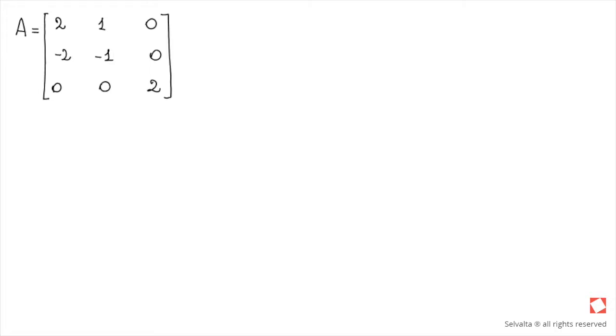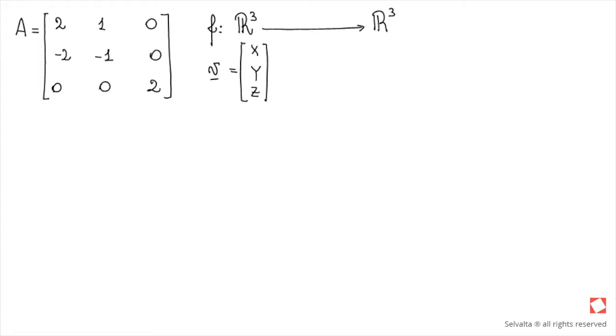Then a matrix which represents a linear endomorphism of R3 into R3, and it will associate the vector of components x, y, z, the vector v in R3, to the vector after the transformation, which has x plus y in the first row, minus 2x minus y in the second, and z in the third row. This will be the vector w after the transformation.